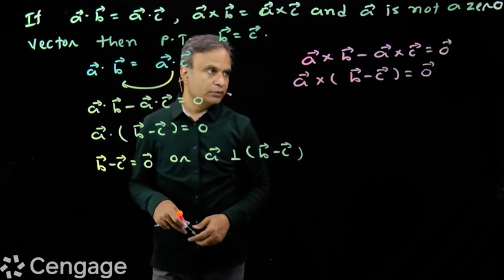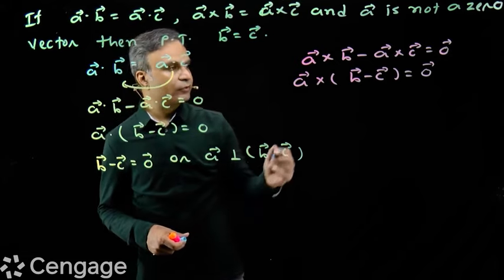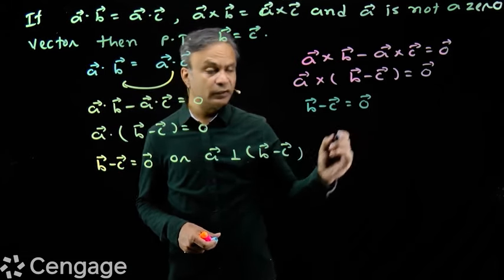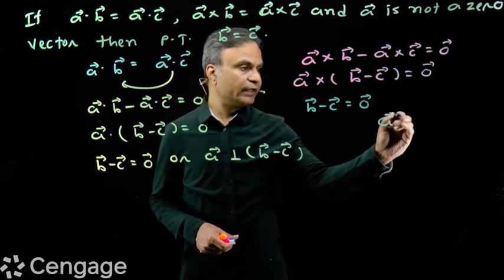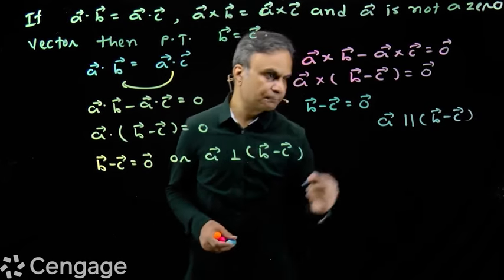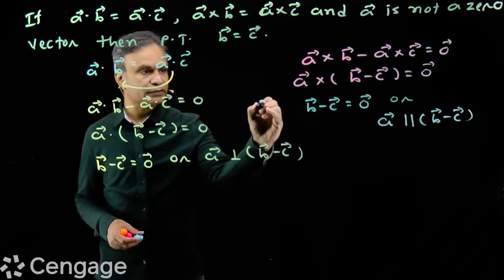Which are possible outcomes? Possible outcomes are either vector B minus C is equal to null vector, or vector A is parallel to vector B minus C. ठीक है, we have this and this.